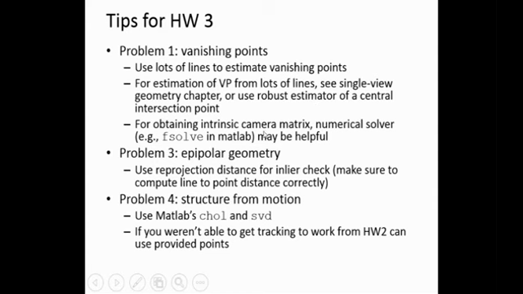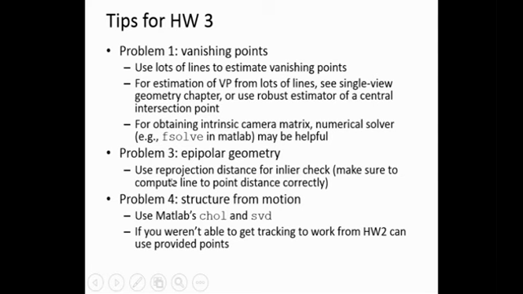A tempting thing is, if you use a lot of lines to find all the pairs of intersecting points, to then take the mean. But that often gives you a really unstable estimate. It'll be very skewed towards the lines that ended up being most parallel. For getting the intrinsic camera matrix, you can use a numerical solver like fsolve if you want.